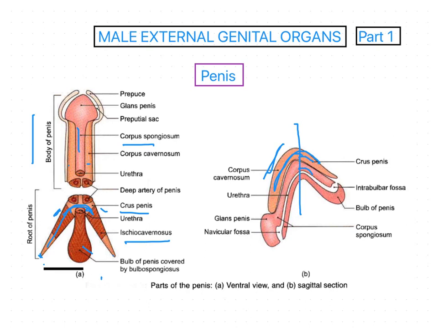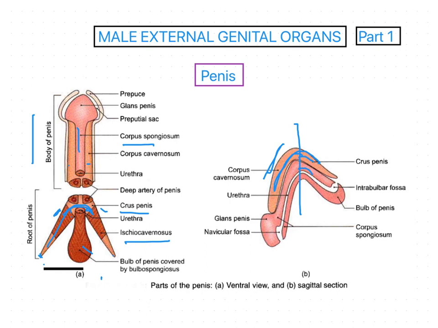Another important structure is the bulb. If you see this bulb, the bulb is attached to the perineal membrane in between the two crura.